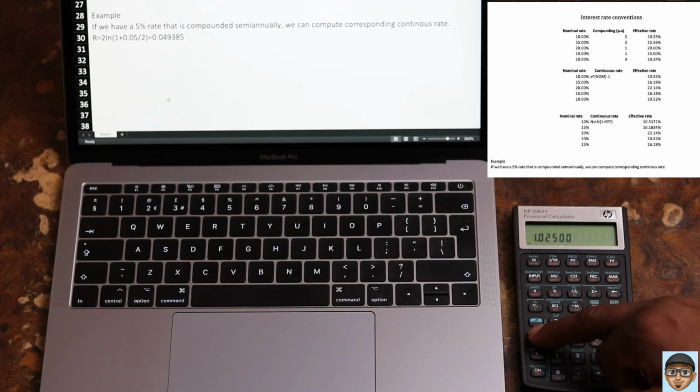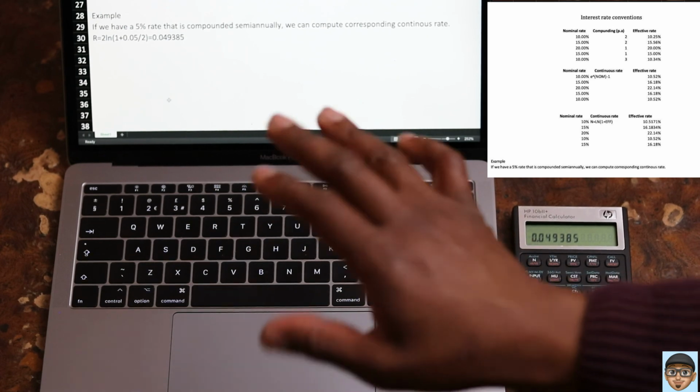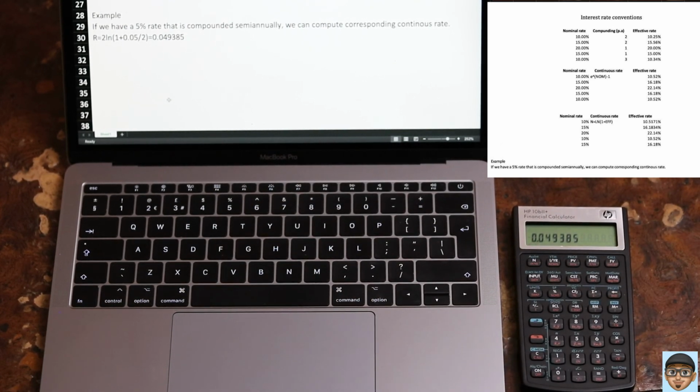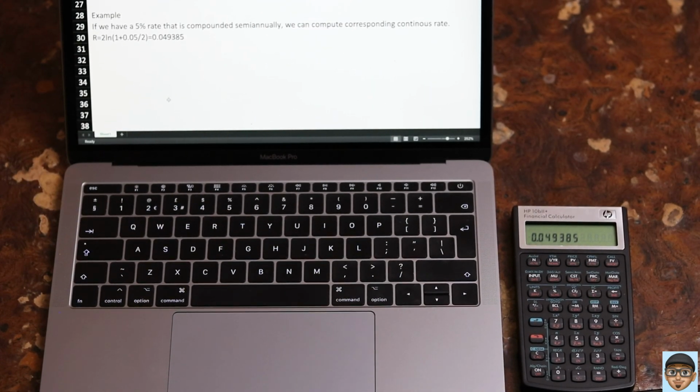Then you invoke the natural logarithm, you multiply by 2. You just follow the calculation on the screen. It will give you 0.049, which is 4.9%.